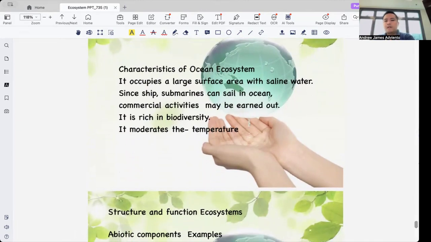Okay, let's go now to the characteristics of the ocean ecosystem. For the ocean ecosystem, it has high salinity. The content of ocean salt is actually around 3.5 percent. It has large temperature and pressure variation with depth. It has nutrient upwelling that supports plankton growth.